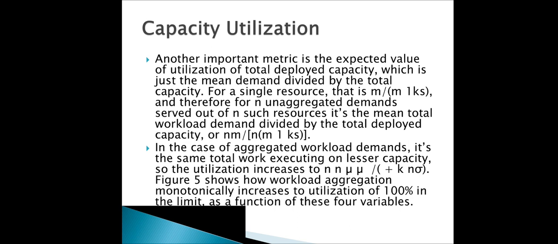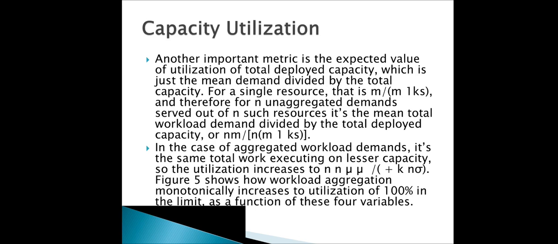For a single resource, that is 1 over mu plus k sigma, and therefore for n unaggregated demands served out of n such resources, it's the mean total workload demand divided by the total deployed capacity, or n mu. In the case of aggregated workload demands, it's the same total work executed on lesser capacity. So the utilization increases, as shown in figure 5.